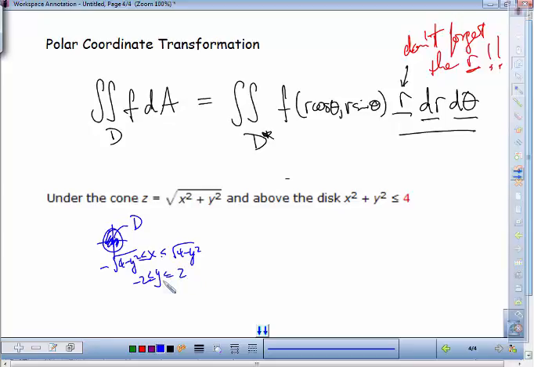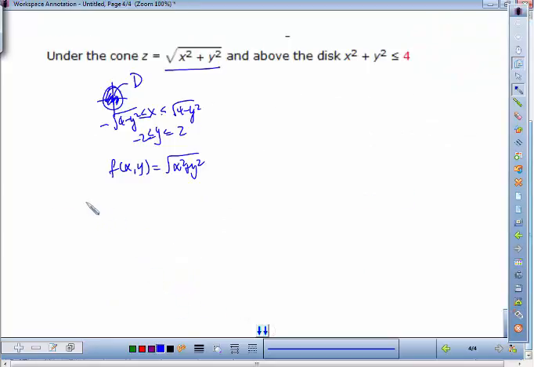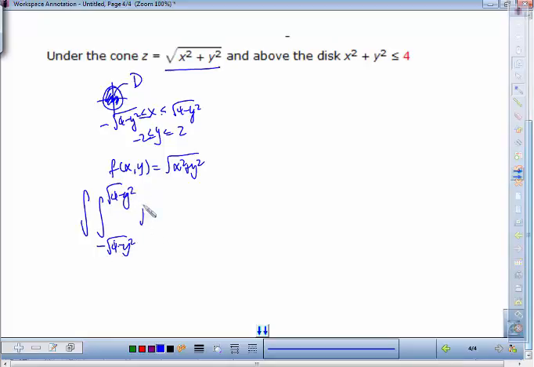We got the function f of x, y equal to this thing, and then our integral looked really messy.